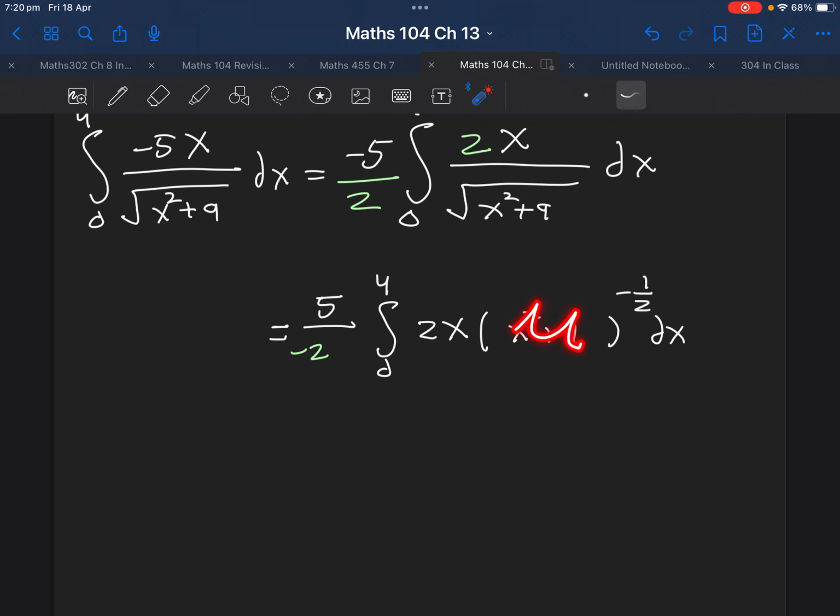Now we are in the situation where we have u and we have u prime. Of course, with the power rule, we just add 1 to the power and we divide by the new power. So here will be 5 over -2.